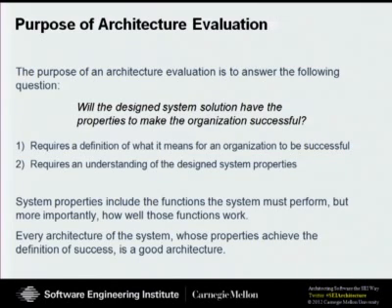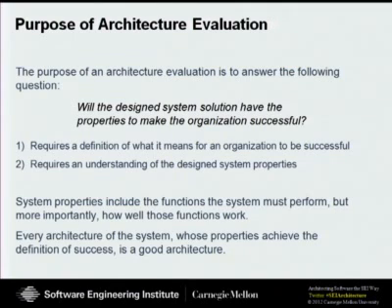More in detail means, will the designed system solution that you have have the properties that make your organization successful? Now, when you parse that sentence, there are two things that need to be understood to answer that question. The first one is, what does it mean for an organization to be successful?